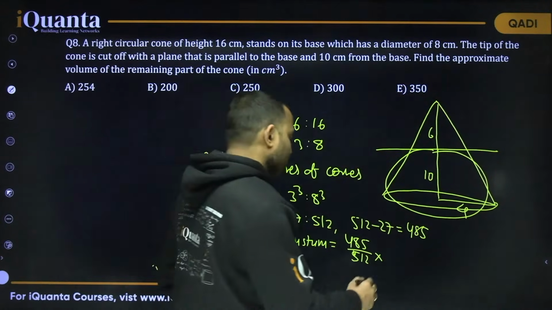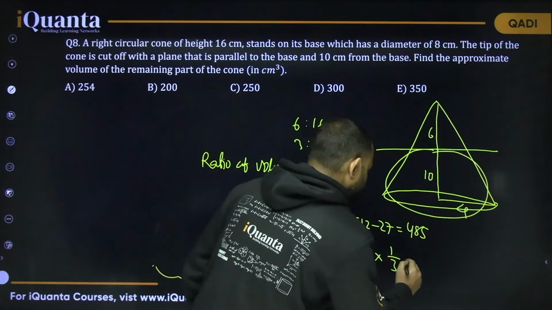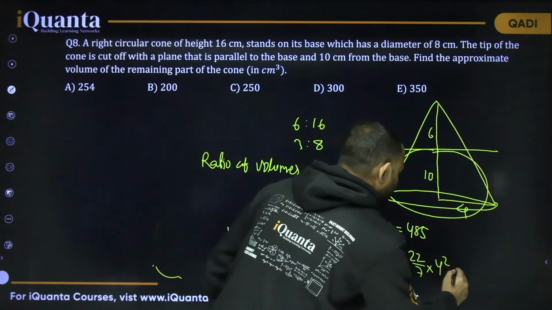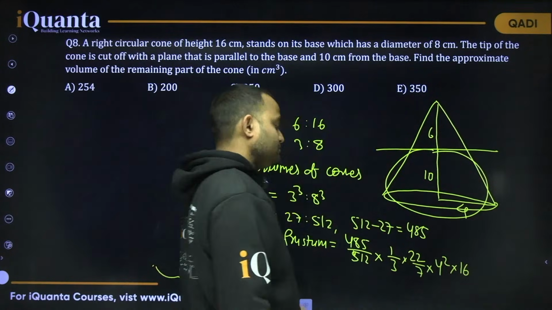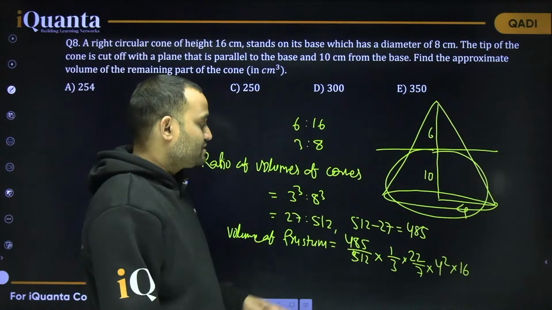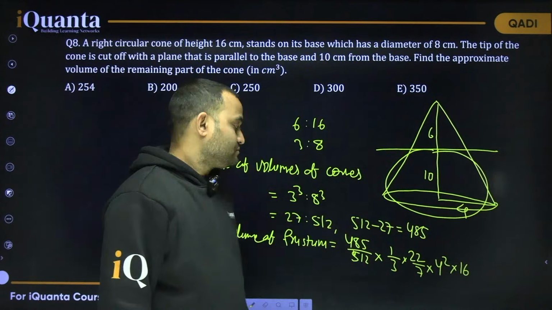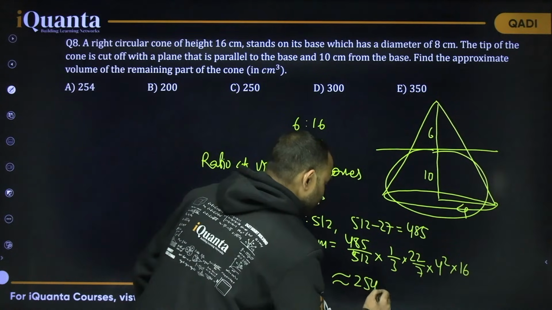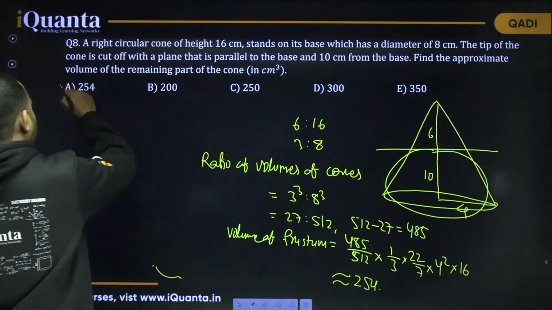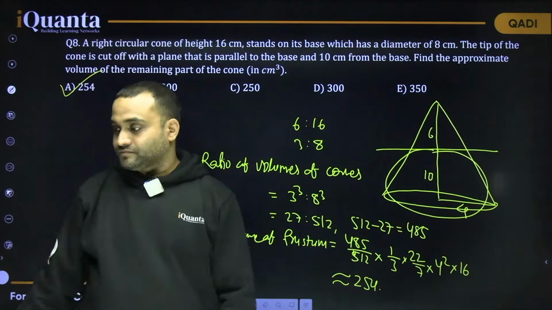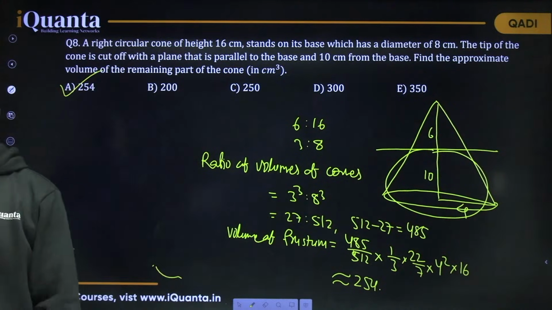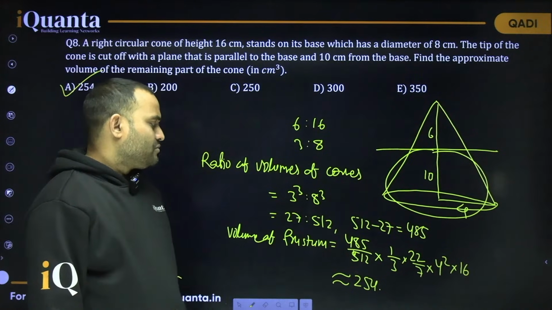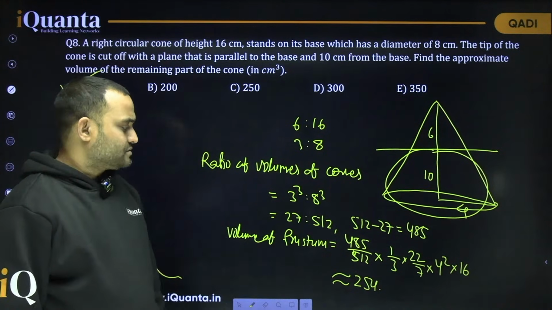What will be the volume of this cone? 1 by 3 into pi r square, which is 4 square, into height. This will be the volume of the bigger cone. If you calculate this, you are going to get approximately 254 point something. That is your answer. You can use the calculator to calculate this. You will get almost the same answer.